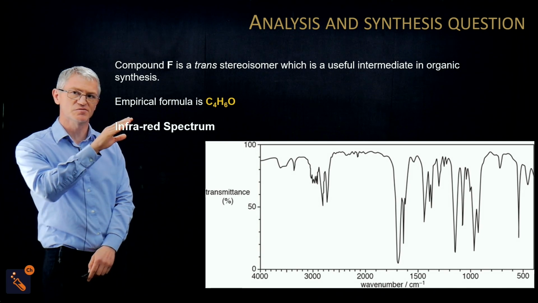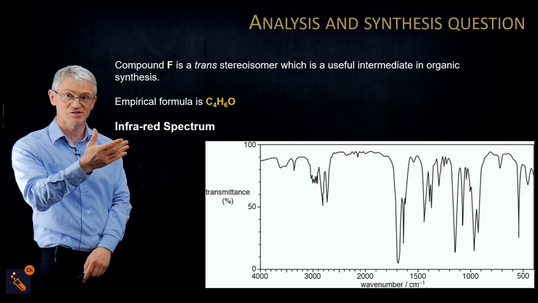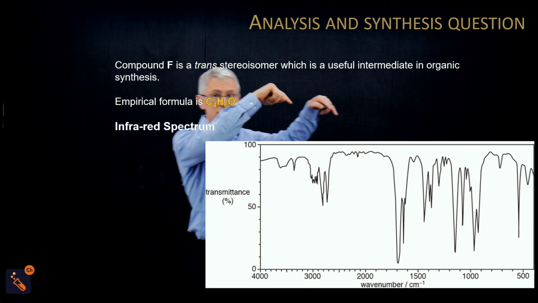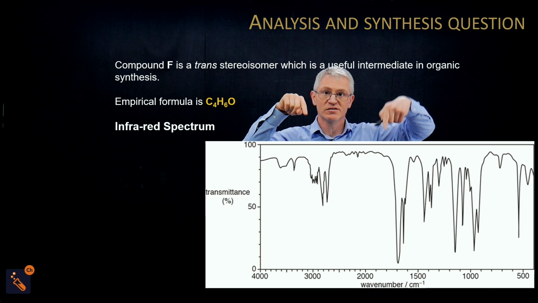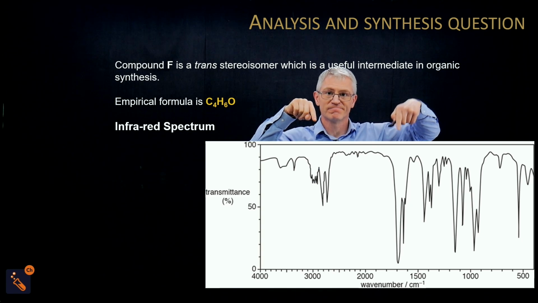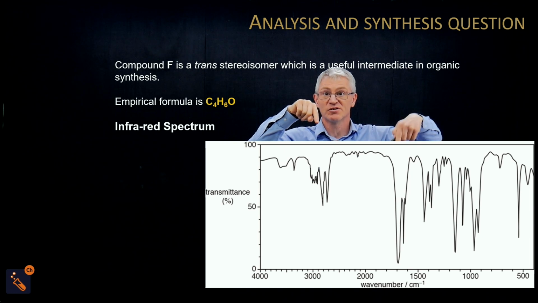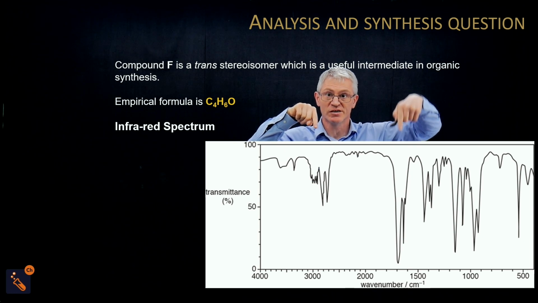Okay, so we've got this empirical formula C4H6O, but they're giving us an infrared spectrum as well. So if you look at the infrared spectrum, we're looking at 2 areas. The first is about 1620 to about 1750 or 1800, and we're looking for big peaks. Well, there's a big one right here.